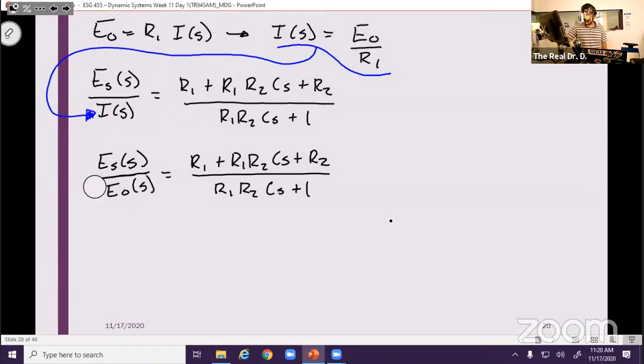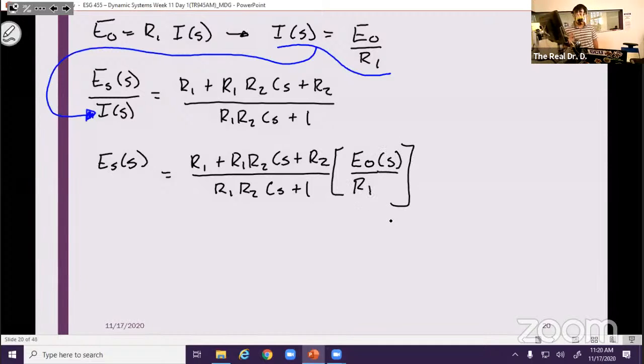Or if you don't like doing that, what if I change this to be multiplied by I of S? I just bring the I of S over, and then I would multiply this whole thing by E out over R1. We could do that. That's fine.